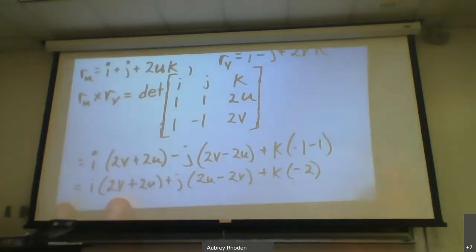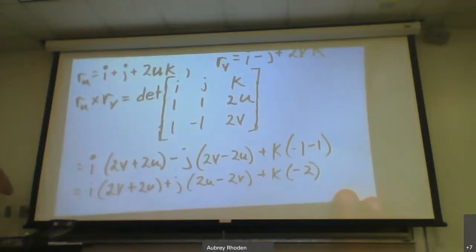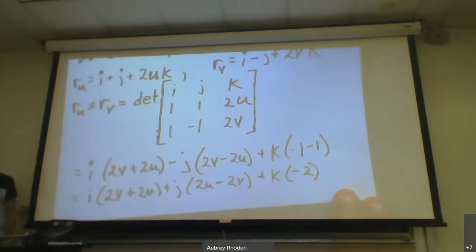Okay, but let everybody write that down for a second. But we're going to have to figure out the magnitude of this thing, because it's going to be the magnitude multiplied by that F of R of UV.